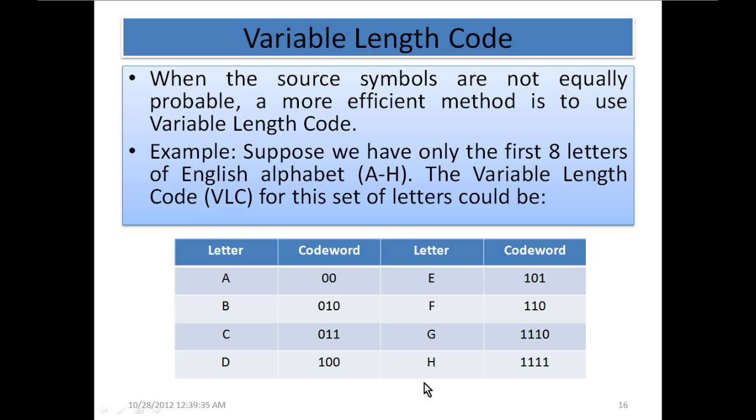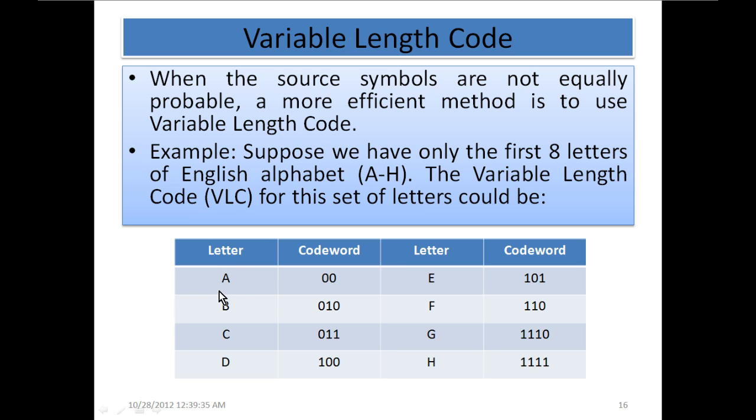Since the probability is not the same for all the letters, Shannon said that you can assign fewer bits to those letters which have high probability and more bits to those letters which have low probability. As you can see over here, A has higher probability, so it is less informative.